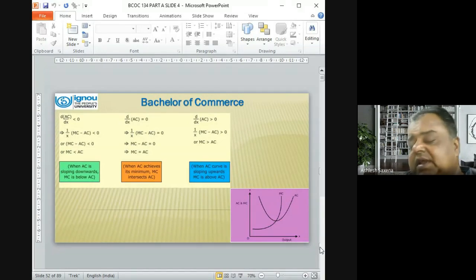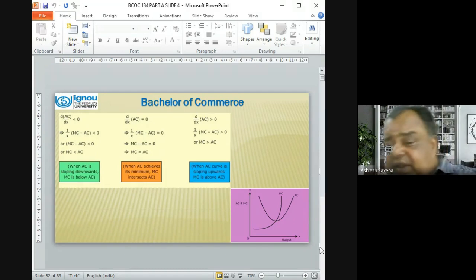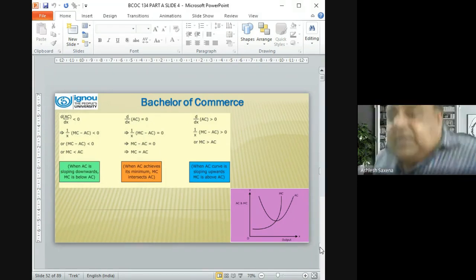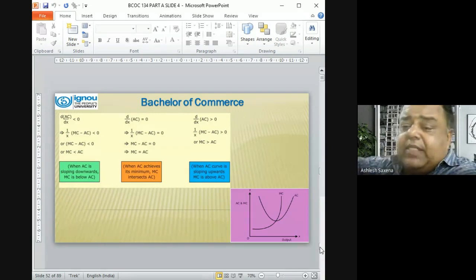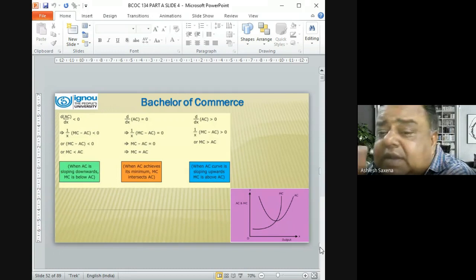Moving further, if dAC upon dx is 0, here we get MC equal to AC. And on the extreme right side, if the derivative of AC is greater than 0, in that case marginal cost will be greater than average cost.